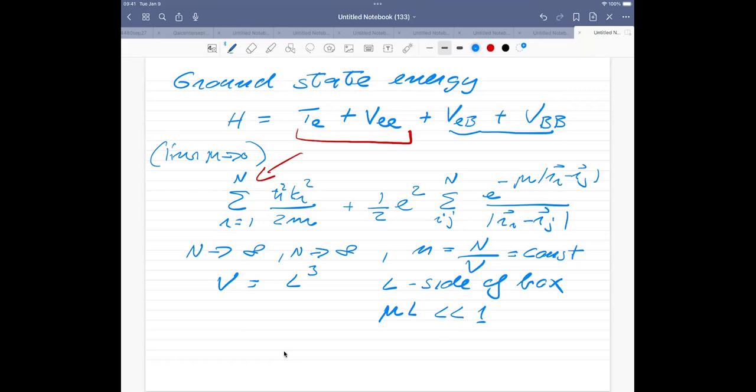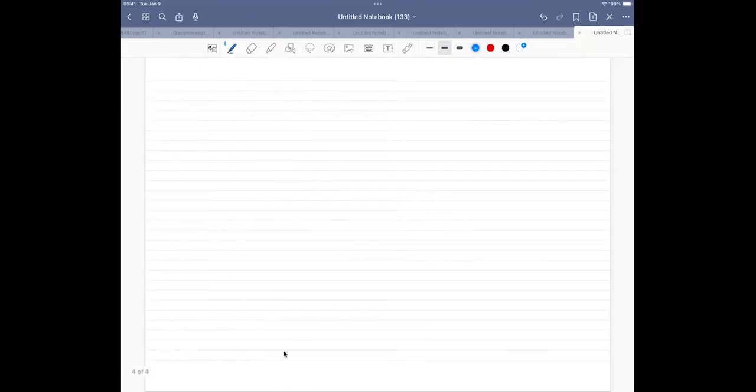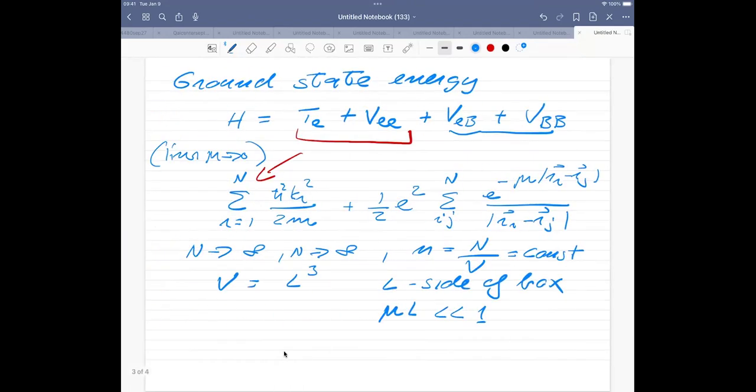Okay, so in the calculations now, let's take a look at the Hamiltonian. When we looked at this expression, let's take the kinetic energy first. We are going to rewrite this in second quantization, because at the end we're actually going to deal with second quantized operators.